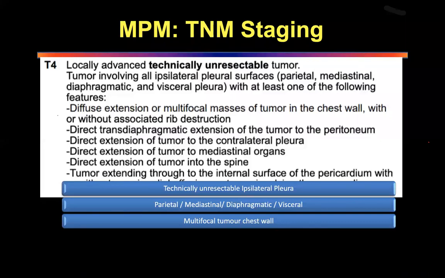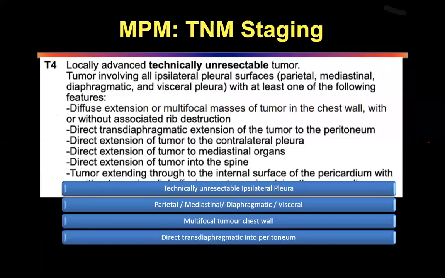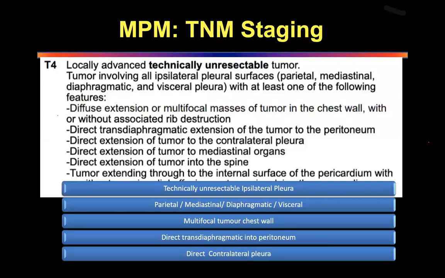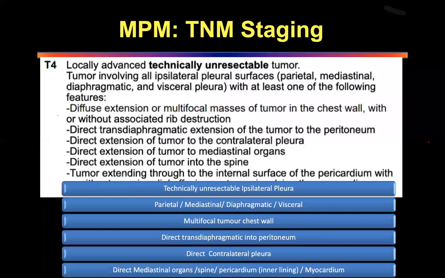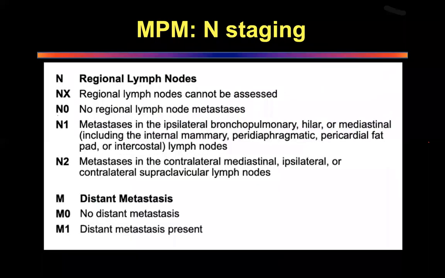In T4, it is multifocal chest wall disease, or it has gone across the diaphragm. In T2, you had just gone into the muscle of the diaphragm. In T4, you have gone across the diaphragm, or to the opposite pleura, or directly into any of the organs, or into the heart, okay? So it's quite important to understand that.